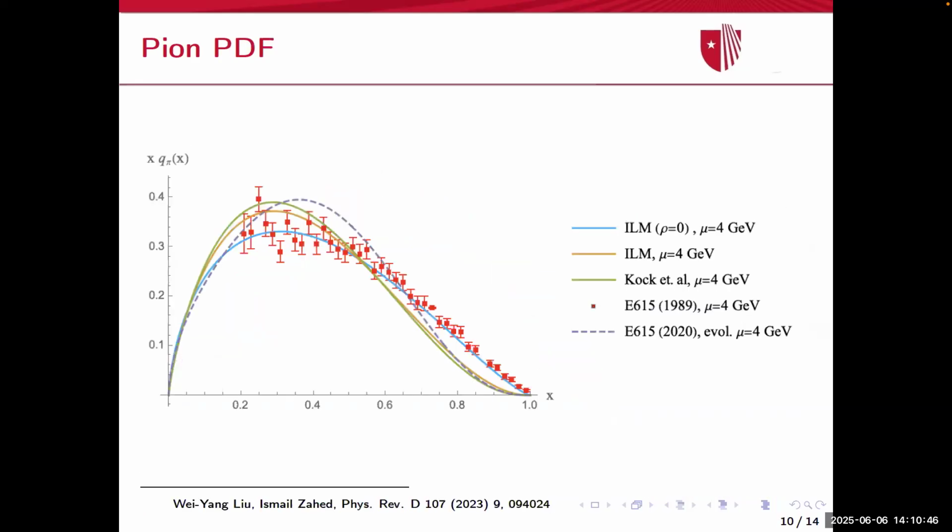We can also calculate the PDF. Here the purple line is a refitting of the old experimental data, a new curve fitted from the experimental data. And the instanton model is the orange line over here, so it goes well with the purple line.